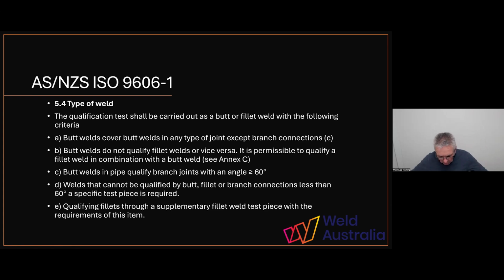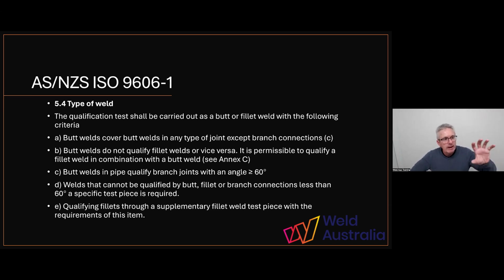Butt welds may qualify fillet welds if a supplementary fillet weld test is welded with each process, fillet material group and electrode covering in accordance to tables 3, 4 and 5. The test piece shall be at least 10 mil thick or the thickness of the butt weld test piece if the thickness is less, and completed using a single layer in the PB position. For this supplementary test, the welder shall be qualified for all fillet welds. Okay? So he could do a single layer.